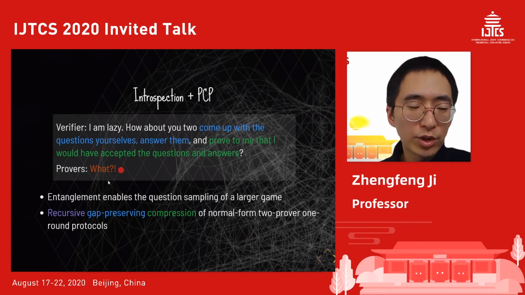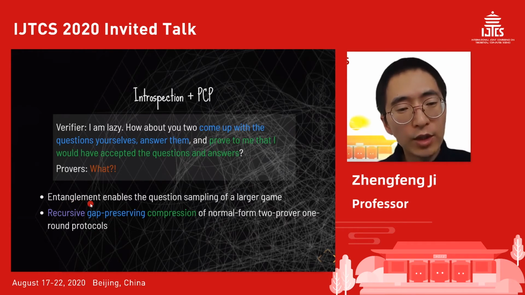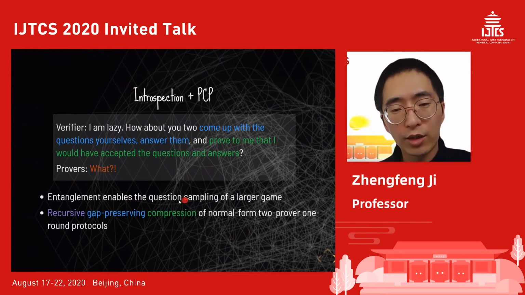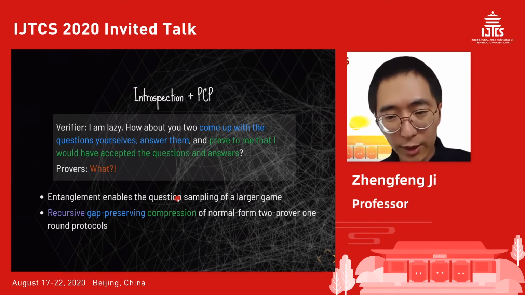To do this, we need to exploit the power of the features of entanglement. EPR pairs allow us to do question sampling, and that's the introspection step. You can enforce the players to sample from a very big distribution with interesting correlations, and use that as a big question for the big game.